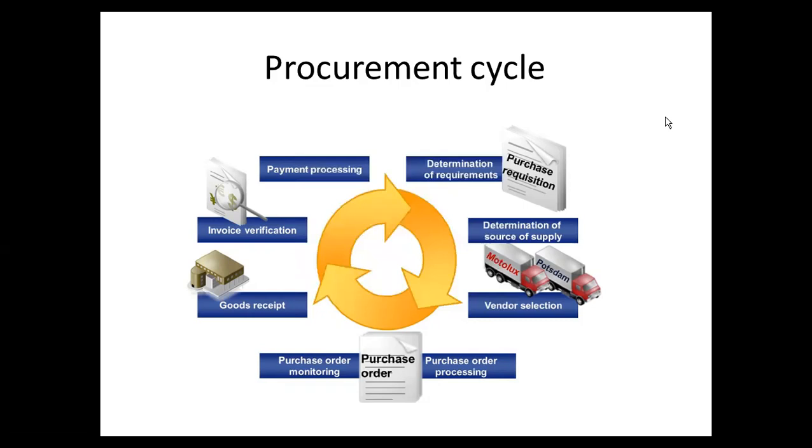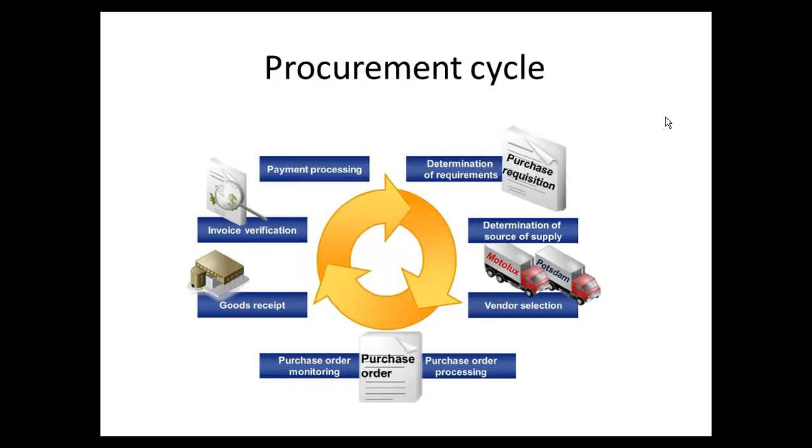So that will be done by the production planning people. And once you get the requirement, the requirement can come through purchase requisition or production order. So there are different ways how you get the requirement.